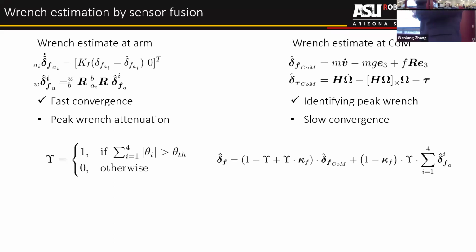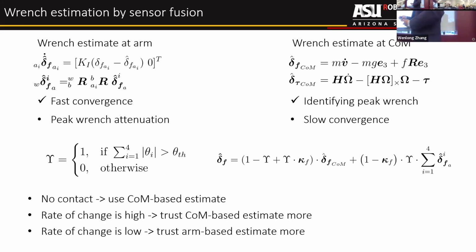This is basically the algorithm we have here, but the essence is this. When the drone is not in contact with the environment, then we purely trust this one, because whatever we get here is probably noise anyway. If you're not in contact, you probably shouldn't get anything here.